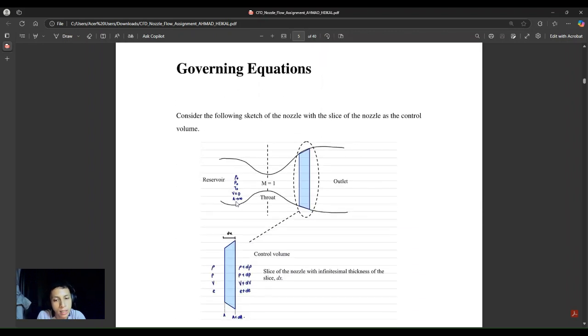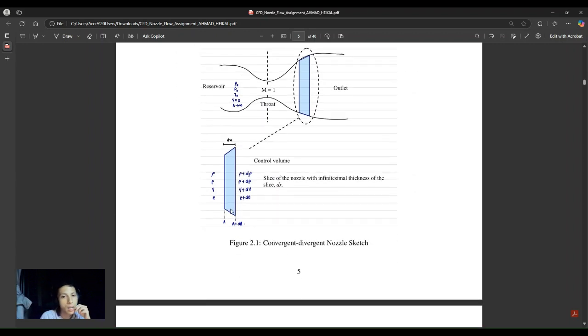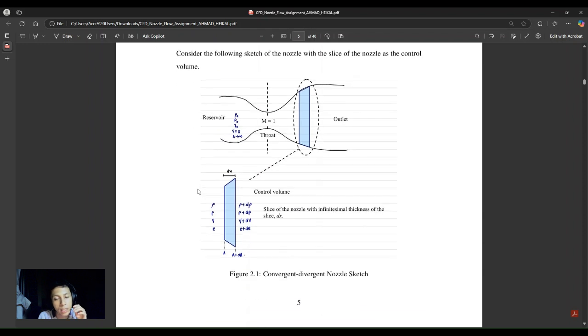So these are some of the derivations of the governing equations, which include the continuity, momentum, and energy equations. For each of the continuity, momentum, and energy equations, I'm going to consider the same nozzle slice with infinitesimal thickness dx as the control volume. This will make the derivations of the governing equations easier.